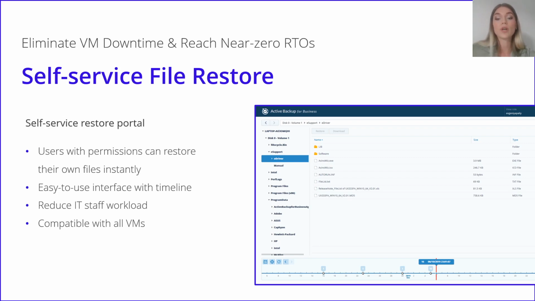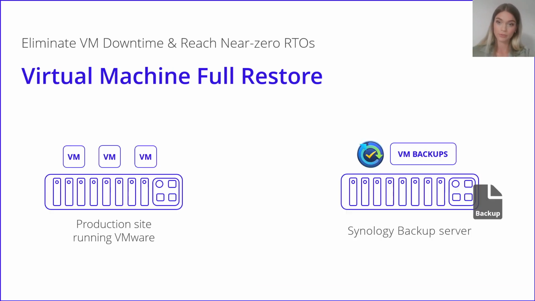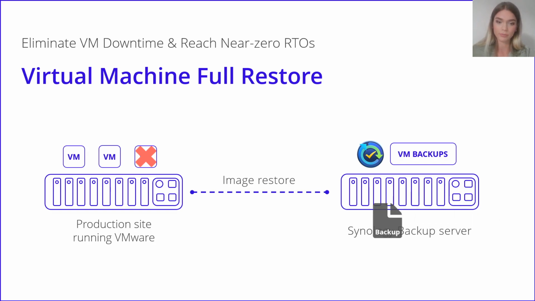Now imagine that one of your virtual machines on your NAS is down. There are several ways that you can approach this scenario. The first one is to do a full restore. When one of the virtual machines is down, you can simply take the backup from your NAS and send it over the network to your hypervisor and restore the virtual machine.